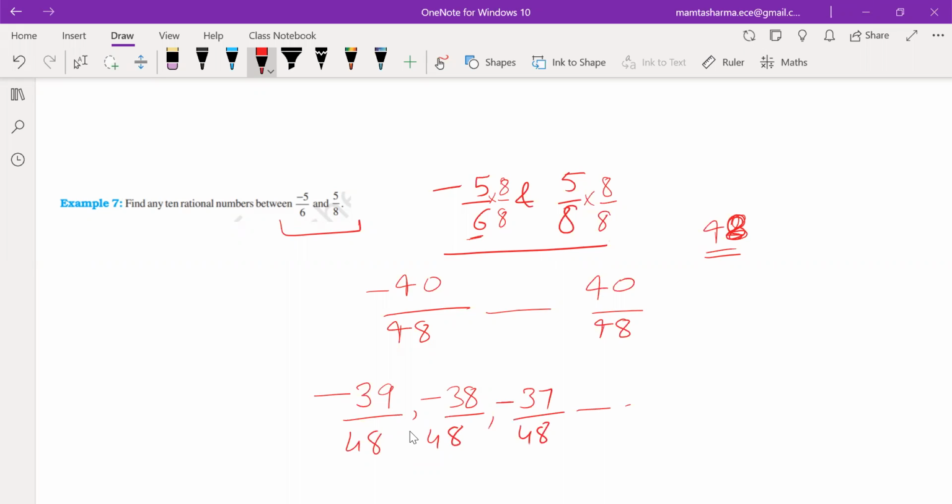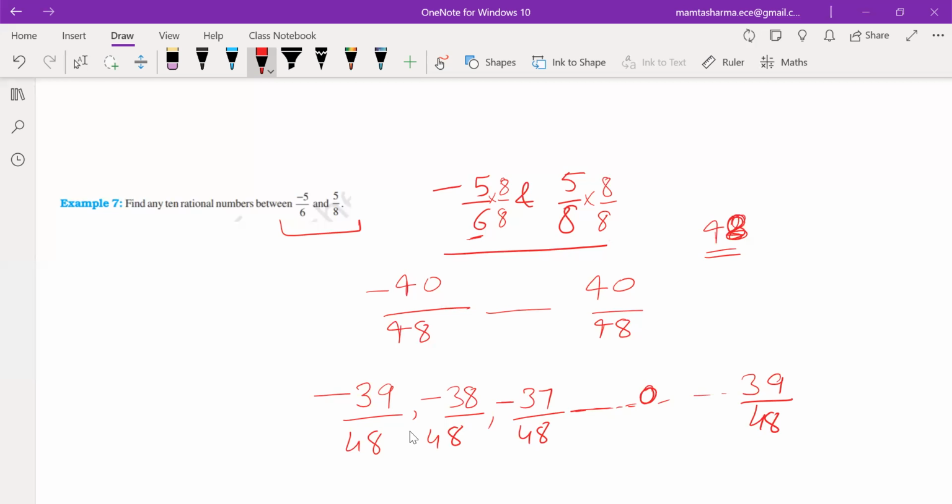You have to go from the negative to the positive side, so you have to write up to 29 by 48. After writing all these negative numbers, 0 would also come in between, because we are going from negative to positive.